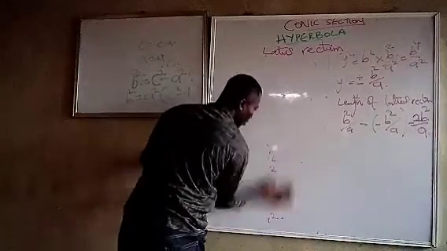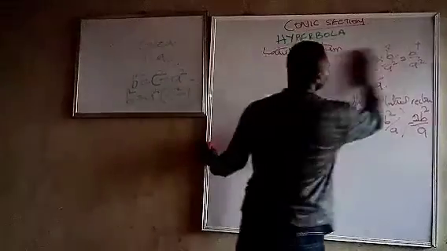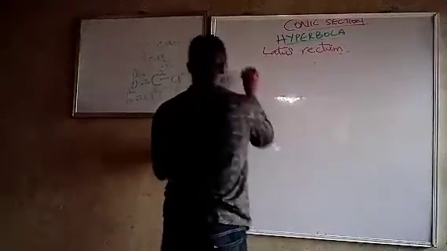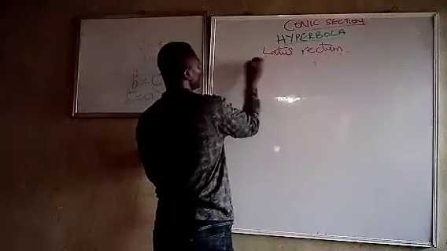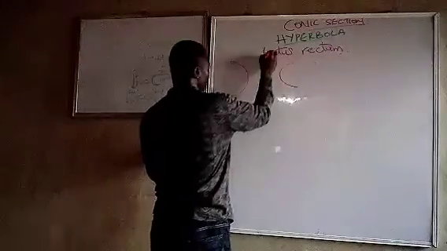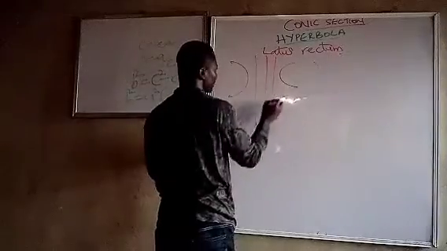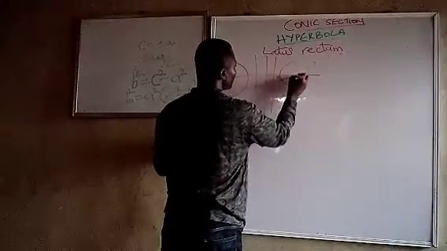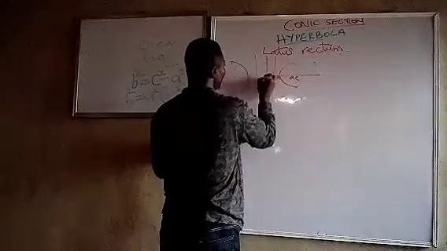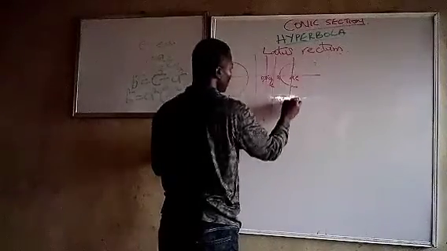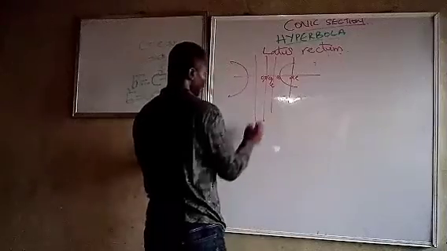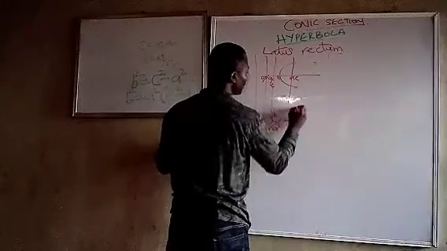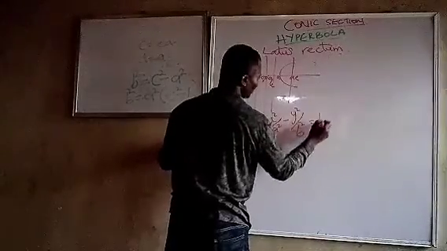Now let's look at that of the hyperbola. For the hyperbola, this is how it will look. This is the directrix. So this will be a, this will be ae, this will be a over e, this will be the origin. So the lattice vector will cross like this. So we have x squared over a squared minus y squared over b squared is equal to 1.